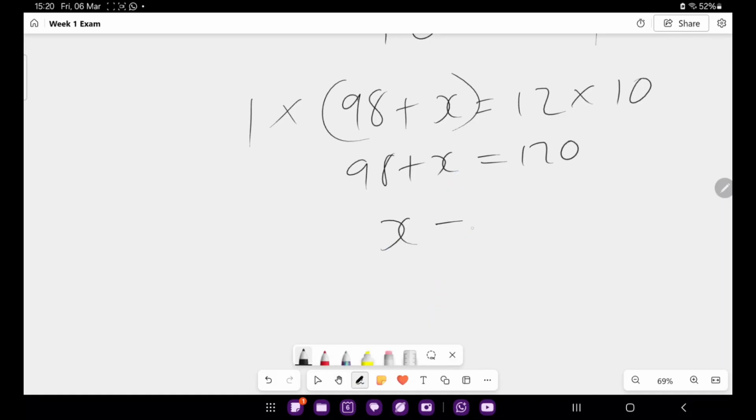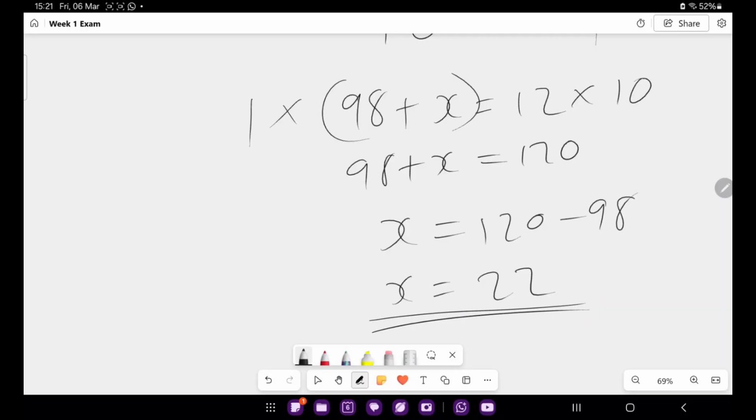Then we say x is equal to 120 minus 98. And then what do we get? We should get 22. So the new entry should be 22. Hope this makes sense.